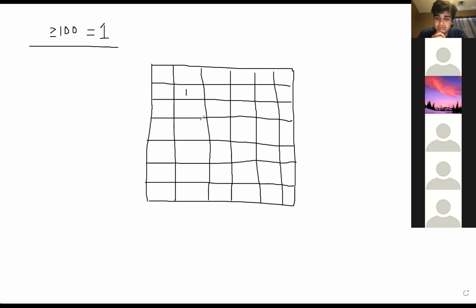Does it make sense, first of all, which subgrids we're overcounting? Maybe I'll give an example. Let's say prior to the reduction, this is 100, 101, 112, 105.